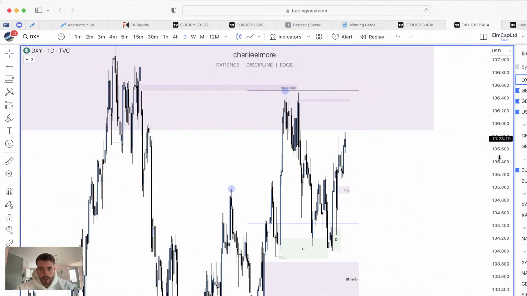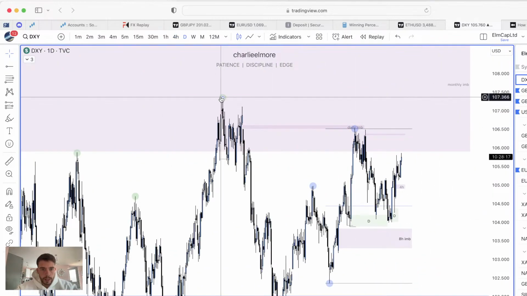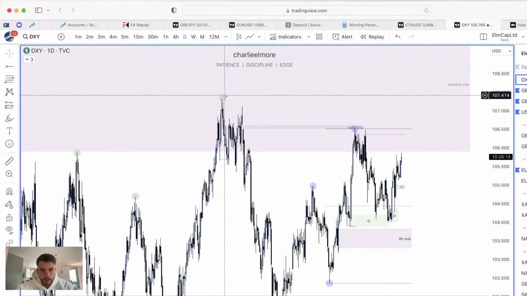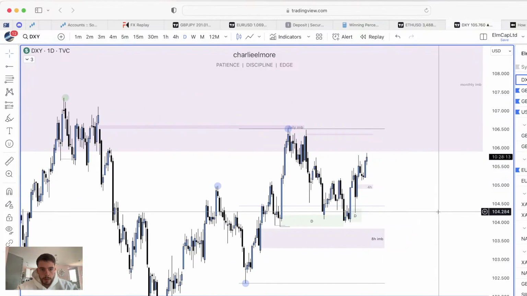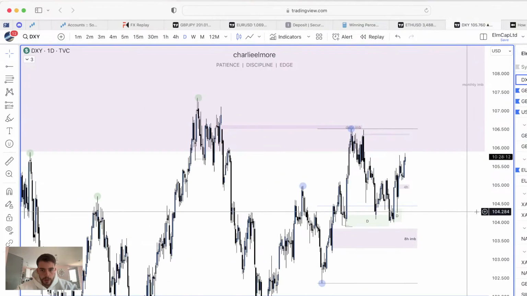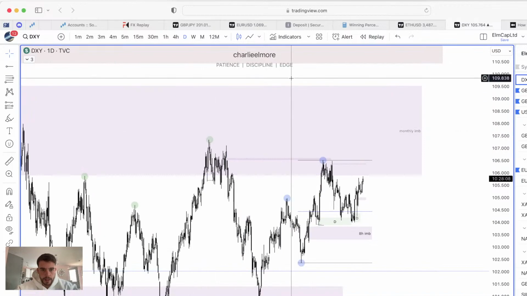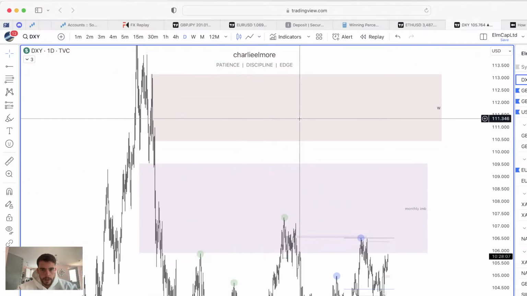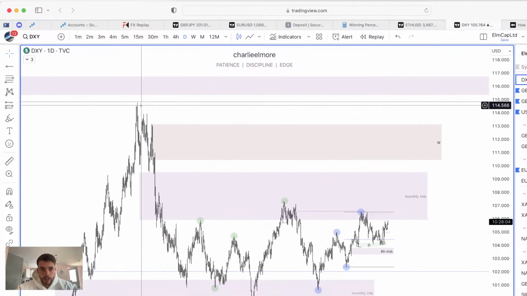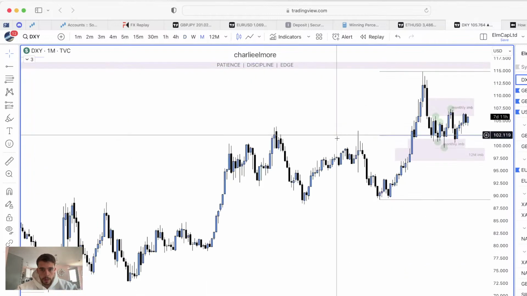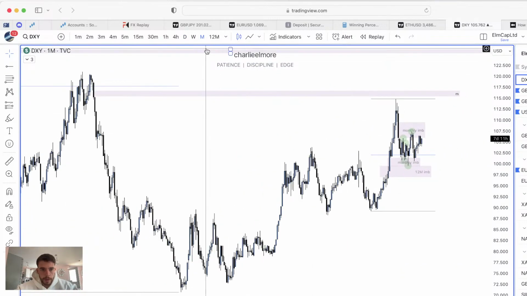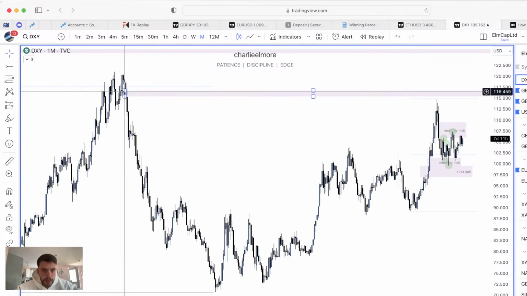If we go on the daily time frame as well, we can see these highs there too. So if the momentum is to continue to the upside, chances are we're going to take this and come all the way up into here, potentially even reach here, because as we've spoken about many times before, from a monthly time frame, we can see we have an imbalance right there at the price of around 115 to 116, around that sort of area.